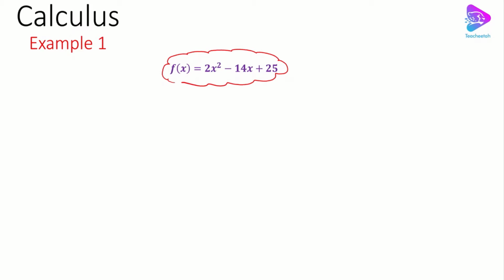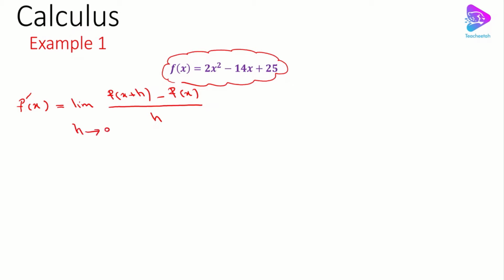So based on the definition of the derivative, we have f prime of x equals the limit of f of x plus h minus f of x over h when h is approaching 0.